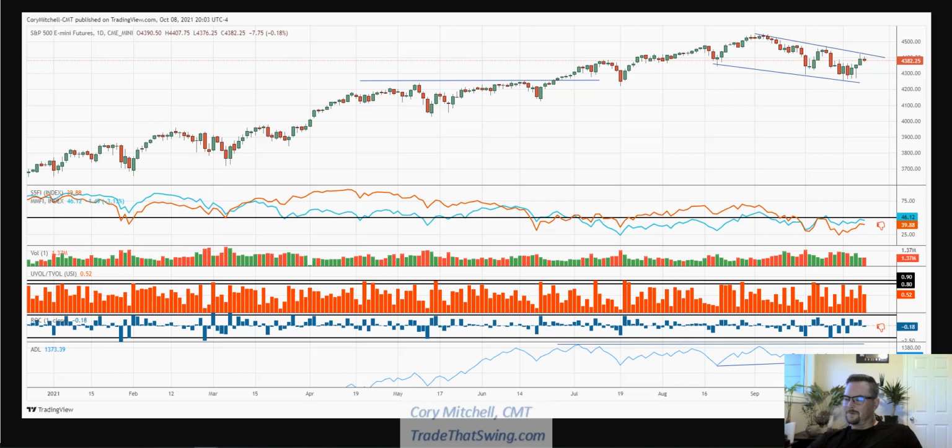This one's a bit of a mixed signal at the moment, because we made a lower swing low on the S&P 500 from here to here, and from there to here on the NYSE advanced decline line, we actually made a bit of a higher swing low. That was a positive divergence, saying the price isn't looking too bad, or it's a weak sell-off.